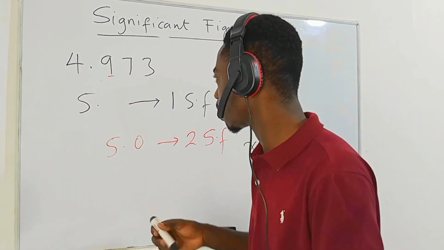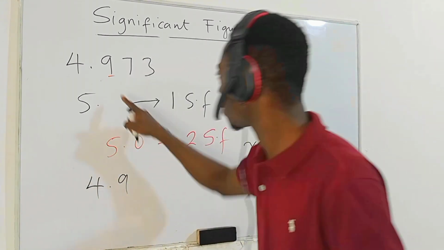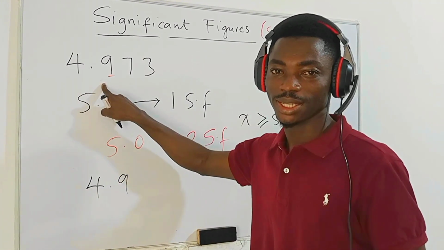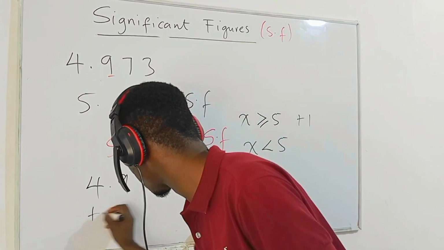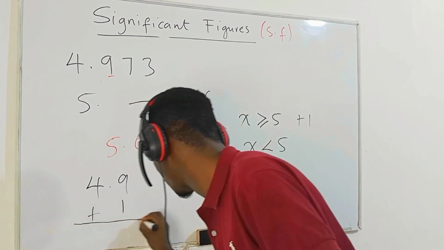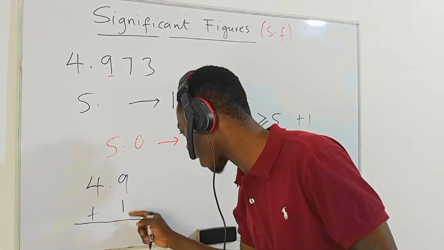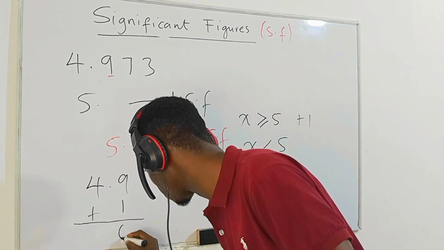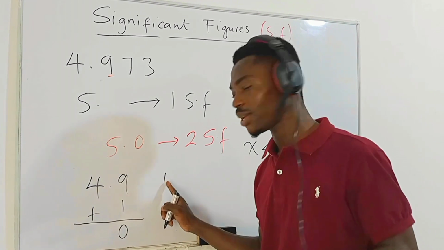Now, if you have a situation like that, you just have to write the 2 digits first, like this. So we have this. Then we want to add 1 to this 9. So basically, bring that 1 right here. And then do the basic mathematics. We have 9 plus 1, that is giving us 10. Of course, base 10, we can't write all the 10 there. So we write 0, remainder 1.